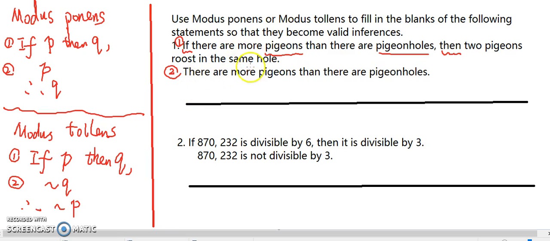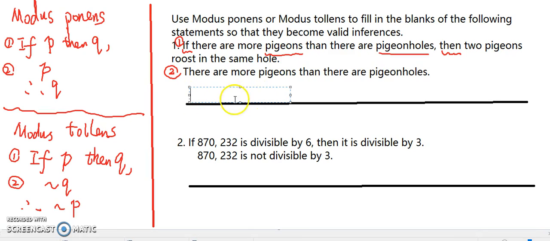Following the pigeonhole principle, the first premise, the conclusion we can get must be the conclusion of the conditional statement. So we will say two pigeons must roost in the same hole.